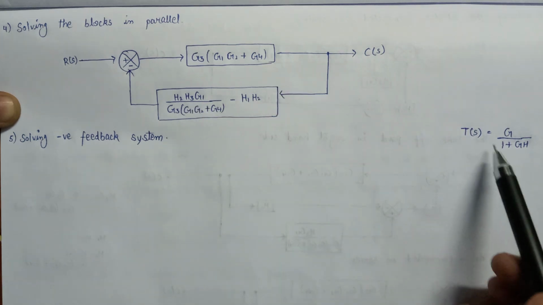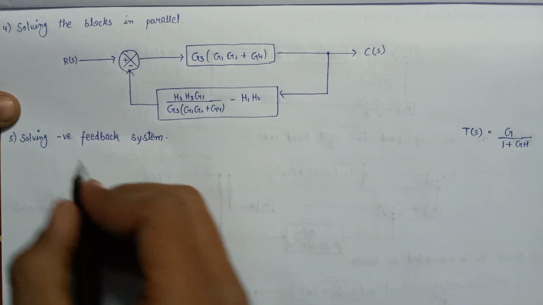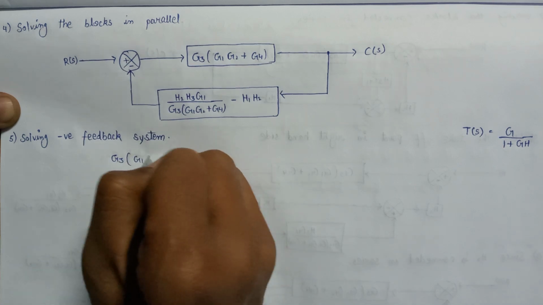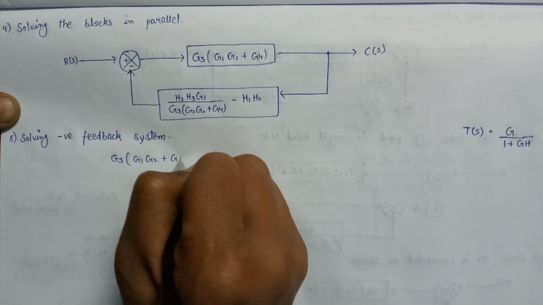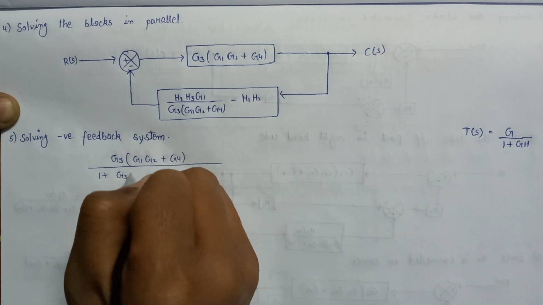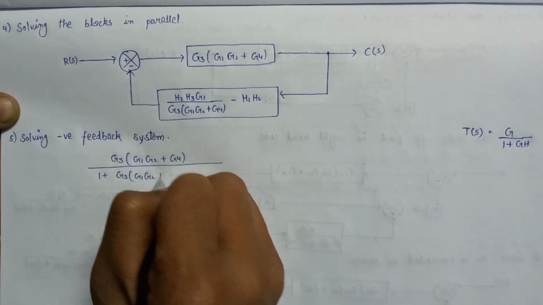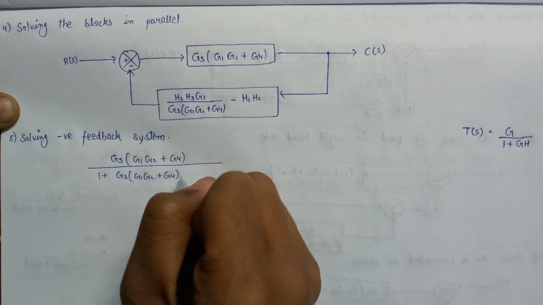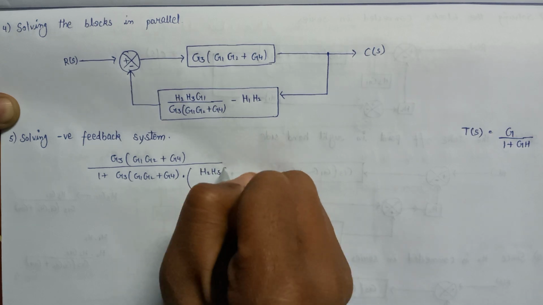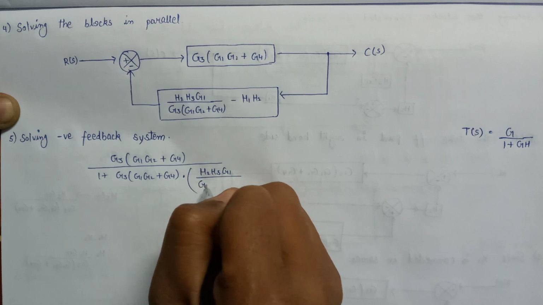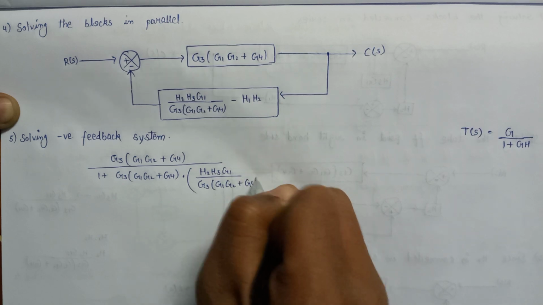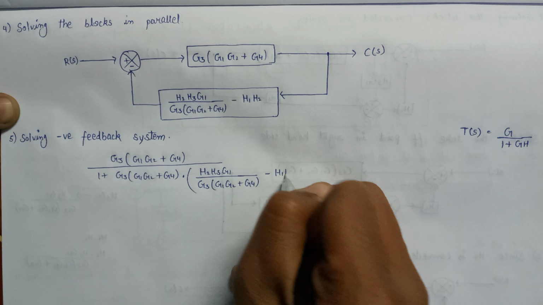So substituting the values of G and H, we get the transfer function equal to G3 (G1 G2 plus G4) over 1 plus G3 (G1 G2 plus G4) into this whole term, that is H2 H3 G1 over G3 (G1 G2 plus G4) minus H1 H2.